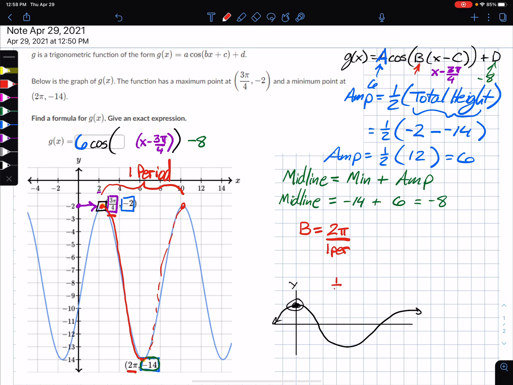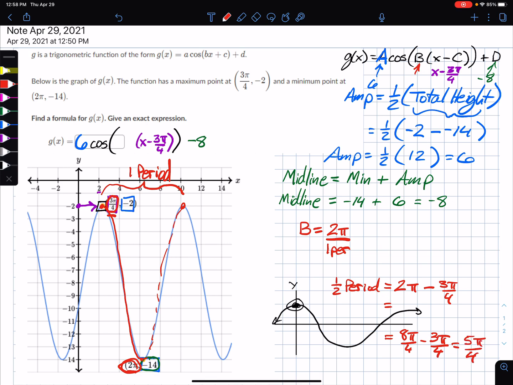So I'm going to start with what I know, which is 1/2 of a period, which we can calculate using those 2 points. It will be the difference of the big x value, this 2π here, minus the small x value, the 3π/4. So in terms of fourths, you could rewrite this whole thing as 8π/4 minus 3π/4, just to get the fractions to talk, and you'll get 5π/4.